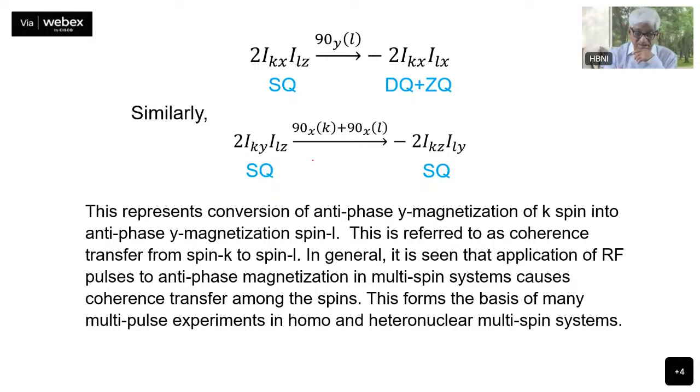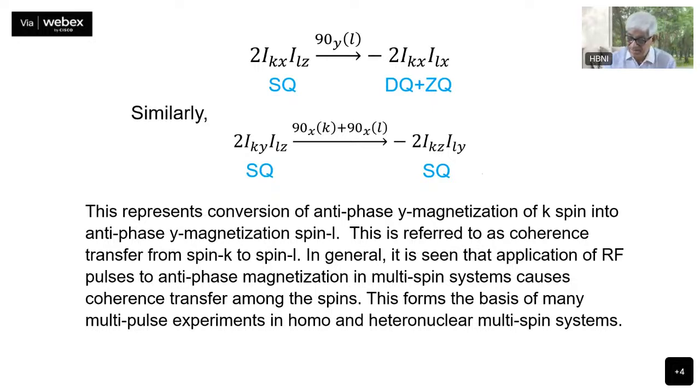Similarly, 2 IKY ILZ, apply a 90 X pulse to both the spins, I cause a coherence transfer from single quantum K to single quantum L. Okay, so this represents conversion of antiphase Y magnetization of K spin into antiphase Y magnetization of spin L. This is referred to as a coherence transfer from spin K to spin L.